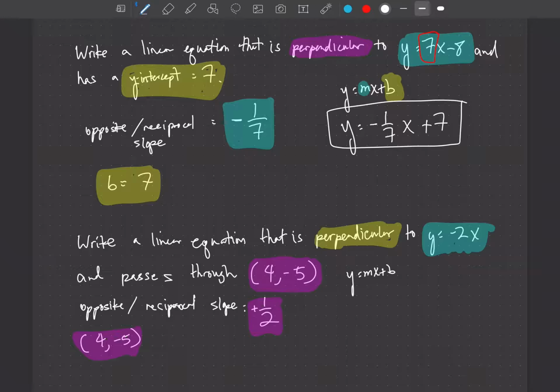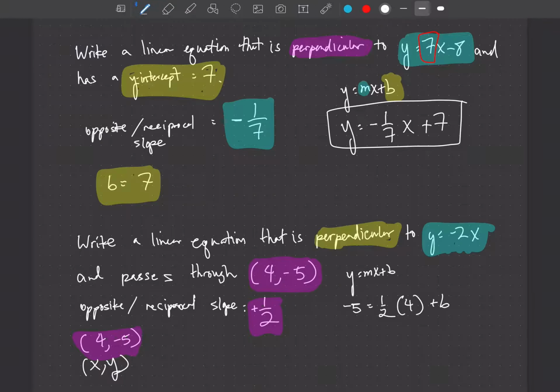And remember, this point gives us the x and y values that we need to plug in into the equation. y equals -5, your slope is 1/2, and your x value is 4, and then plus b.